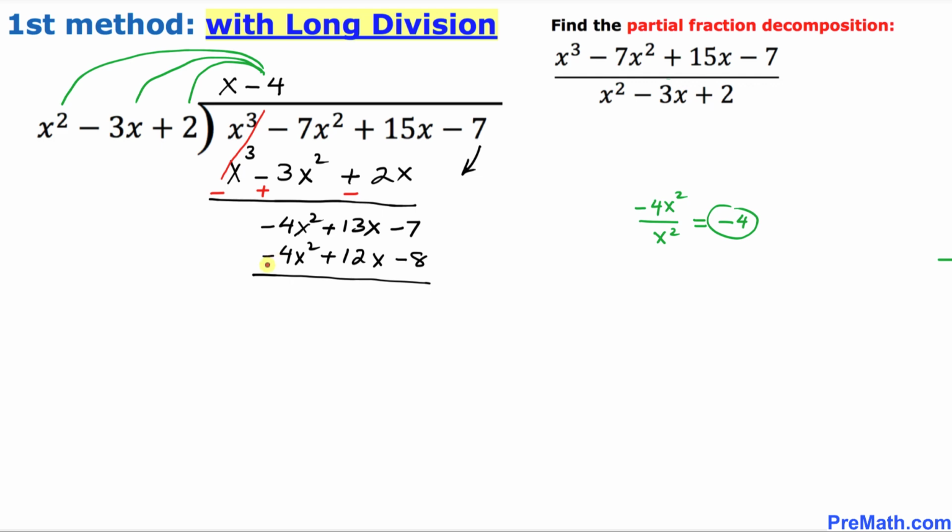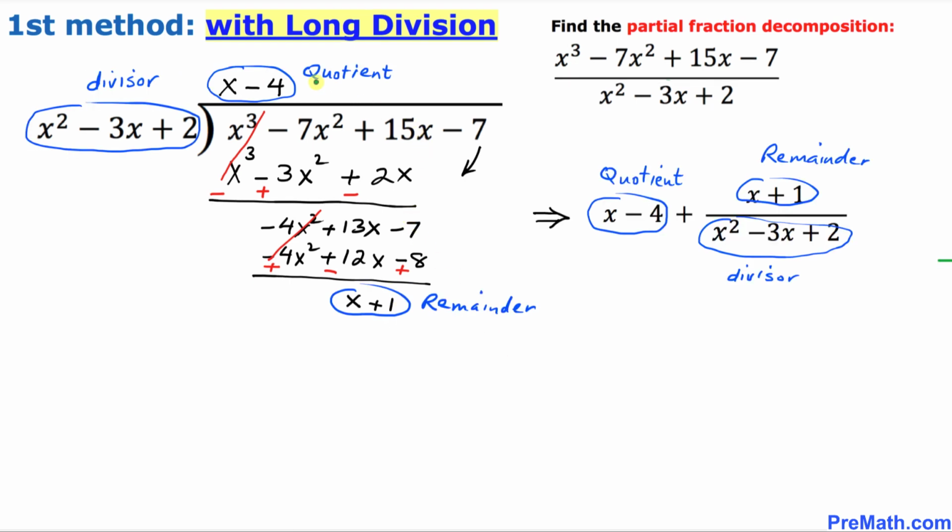Positive becomes negative, negative becomes positive. So this negative becomes positive, this positive becomes negative, and this negative becomes positive. Now as you can see, these two are gone, and we simply ended up with x plus 1.